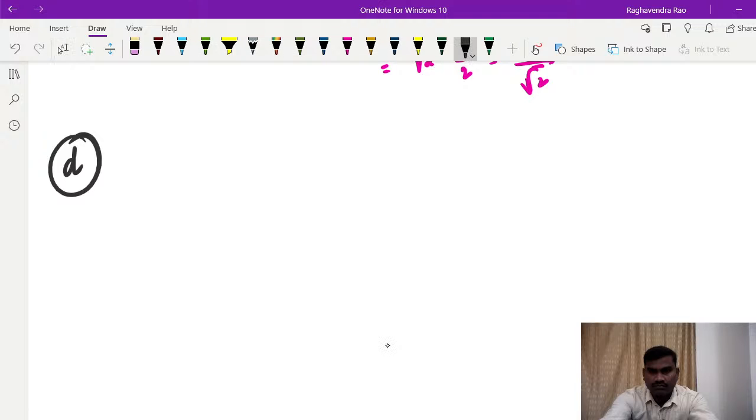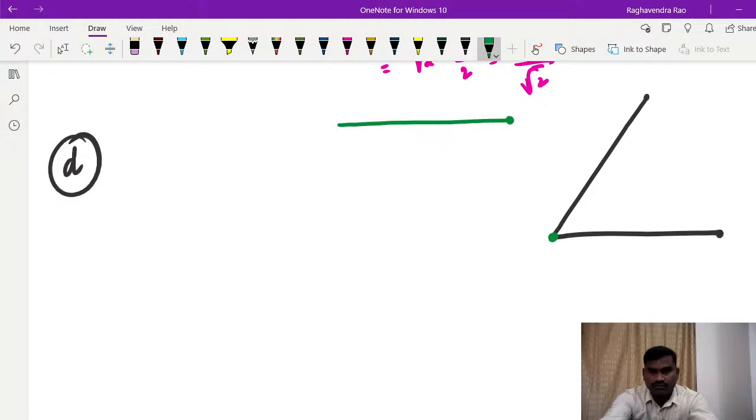Now a bar magnet of magnetic moment M is bent at the midpoint, so that two parts of the magnet make some angle theta. For example, like this, a bar magnet is bent. So this is the midpoint. In general, you take a bar magnet like this.